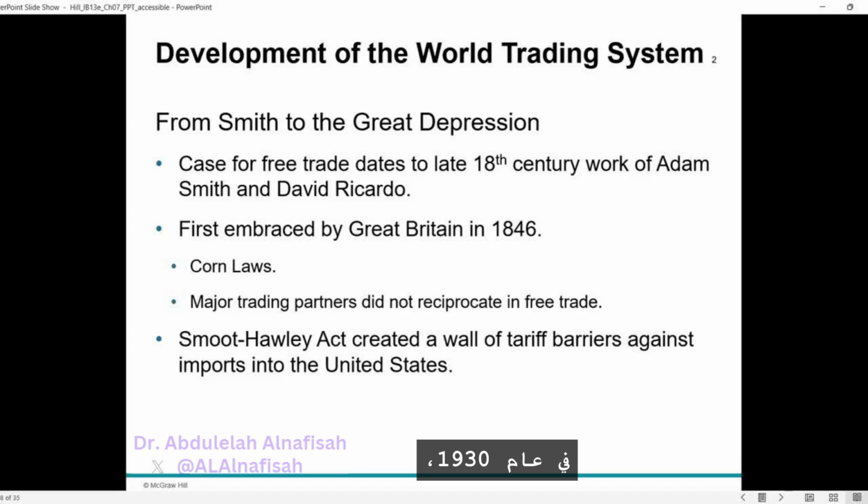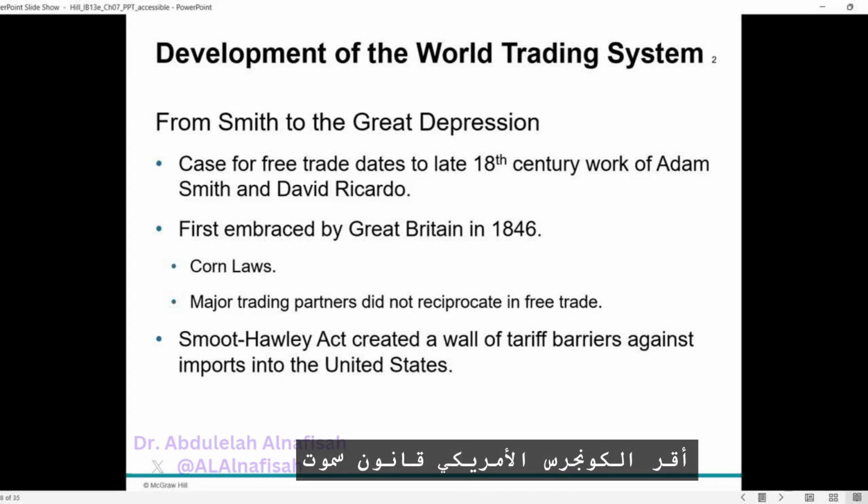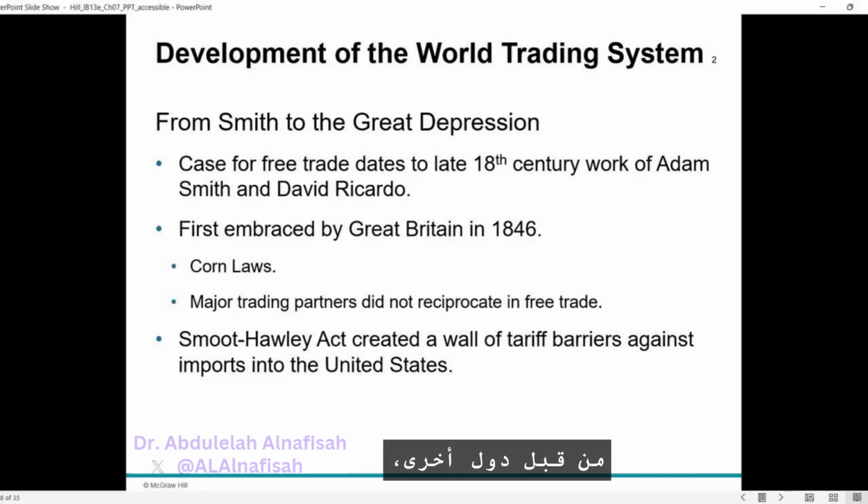In 1930, the U.S. Congress passed the Smoot-Hawley Tariff Act, which raised tariffs to protect domestic industries. This act led to retaliatory tariff increases by other countries, a collapse in U.S. exports, and further deepened the global economic crisis.